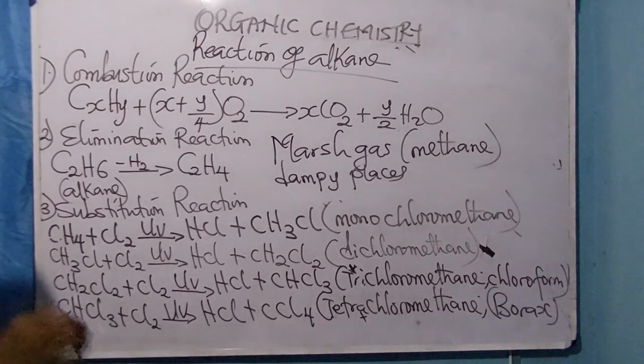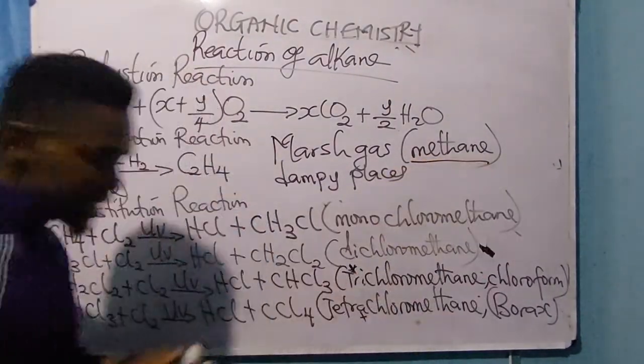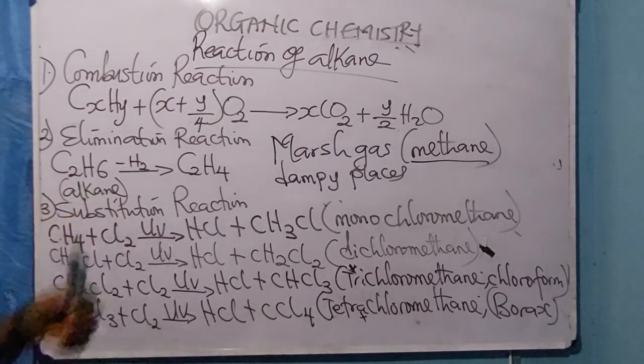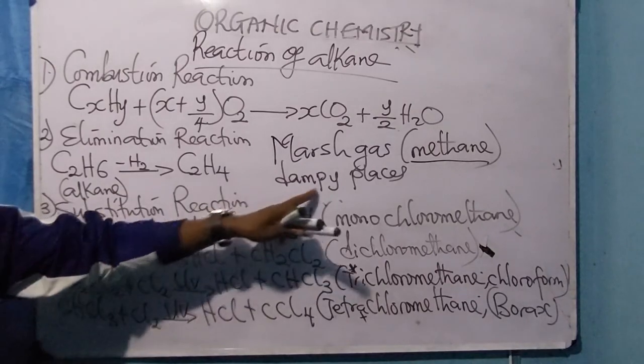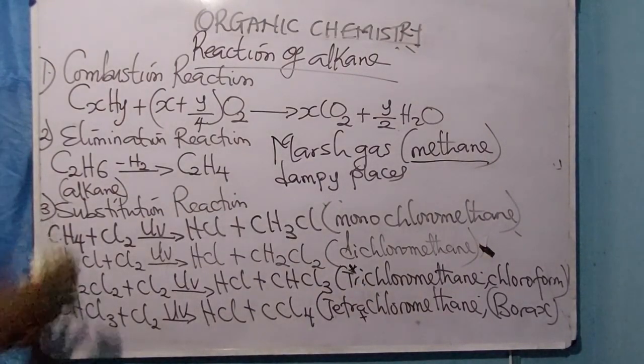They ask you, which of the following alkane series or alkane member is known as the principal constituent of cooking gas? Please, it is what? Methane. It is highly volatile. It can easily what? Catch fire. It is found in swampy or dampy places. Alright, so please take note of that.